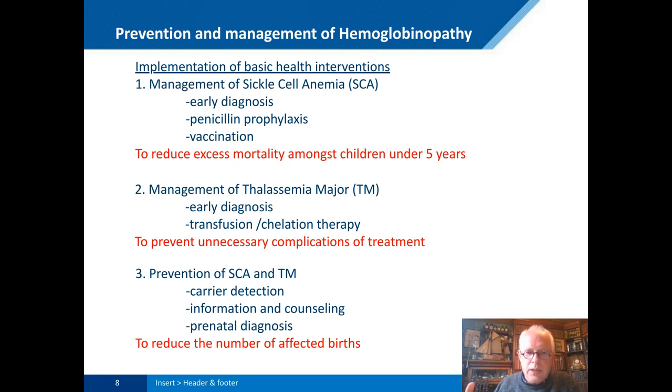In some countries, there is a premarital screening and an advice not to marry in case of a carrier situation in both parents. But in the Netherlands, we offer also prenatal diagnosis for this disease, as in many European countries, endemic countries like Italy, Greece, Turkey, etc. And this is to reduce the number of affected births.